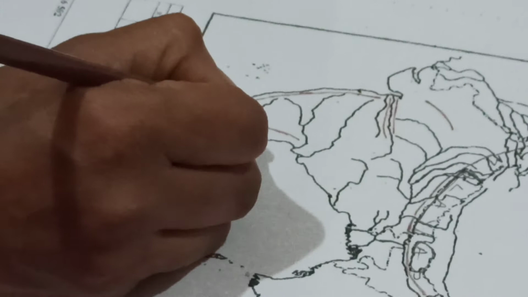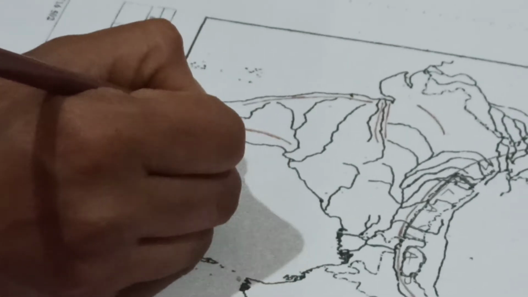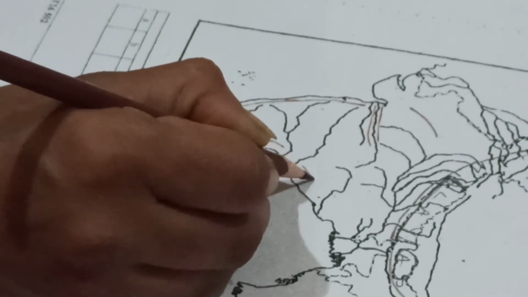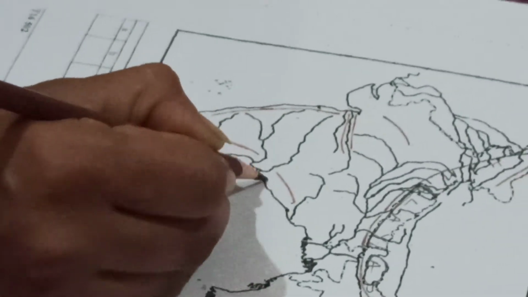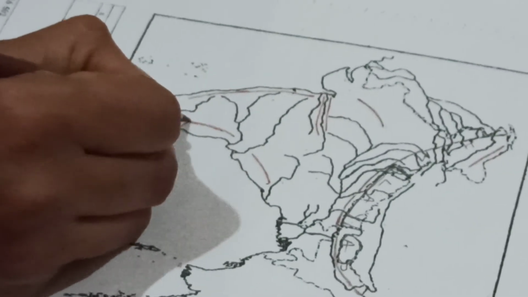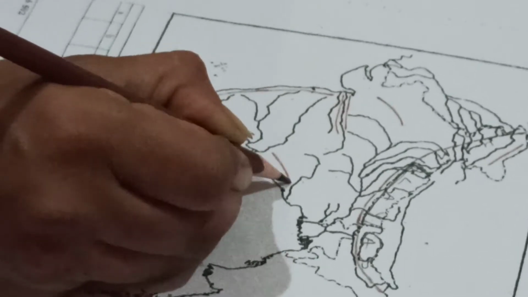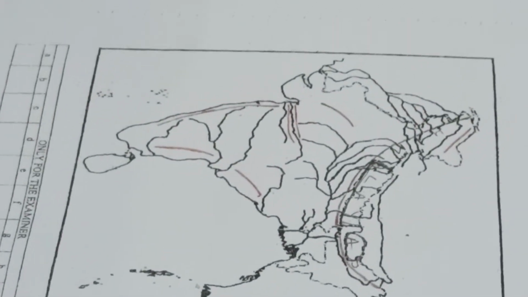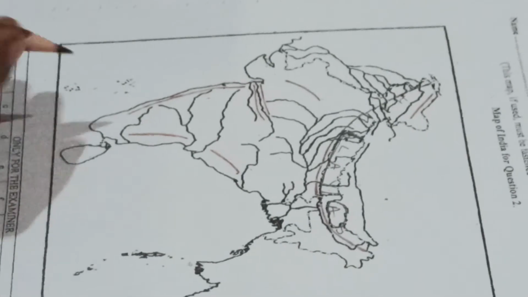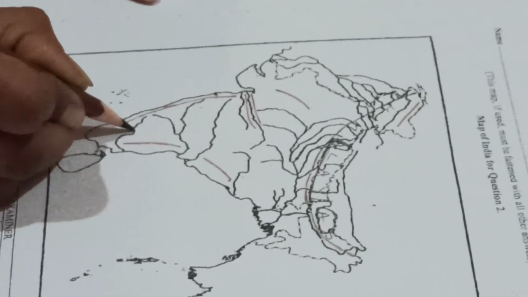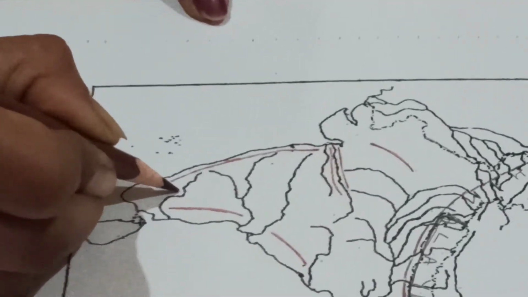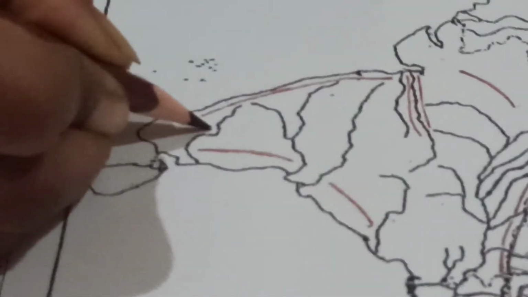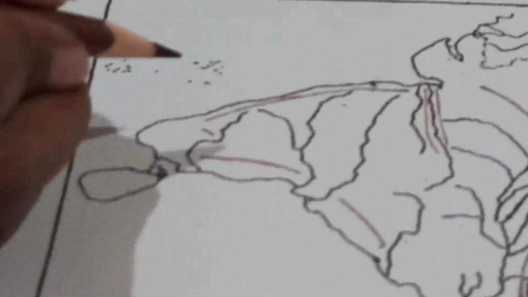So there is one line here following this coastline, and there is another line here following this coastline. So you're going to follow this curve of the country to draw this eastern ghats. Then we have Nilgiris. To draw Nilgiri, keep in mind this bend of Kaveri river, and it's just a slight curve here. This is your Nilgiris.